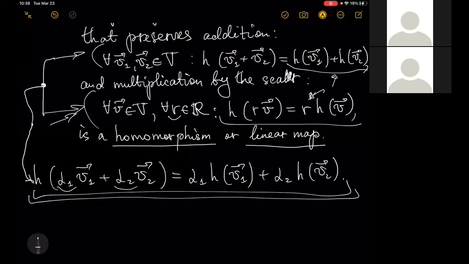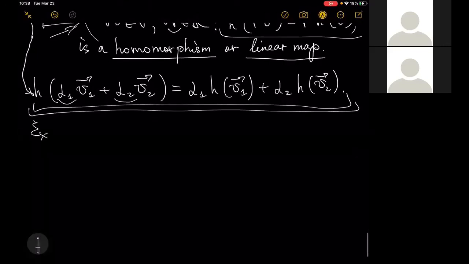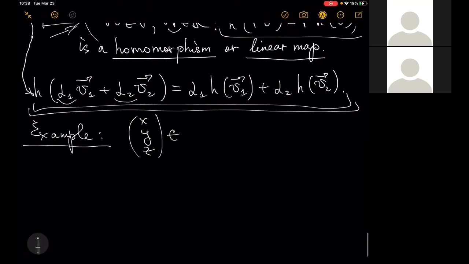Okay, so examples. Okay, the very simple example. We consider x, y, z, right? And we map to just the real number, right? So from R3 to R1.